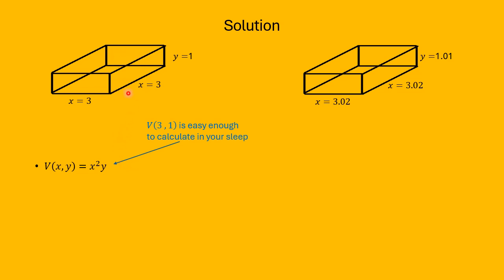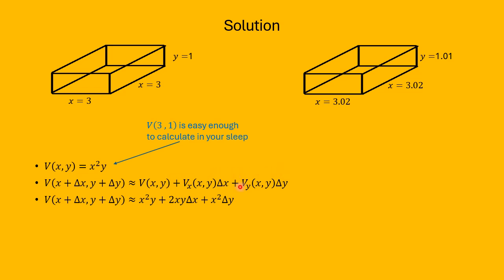The volume of this box is 9. How does it change to get the volume of this box? Well, we can use our tangent plane approximation. V of x plus delta x, y plus delta y is approximately V of x, y plus the partial of V with respect to x at x, y times delta x plus the partial of V with respect to y at x, y times delta y.